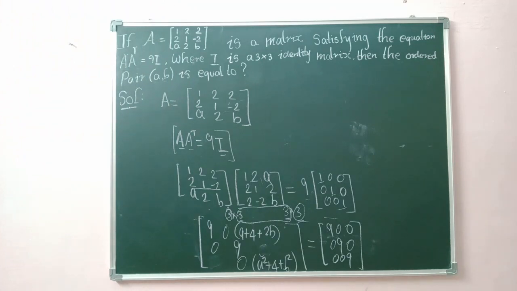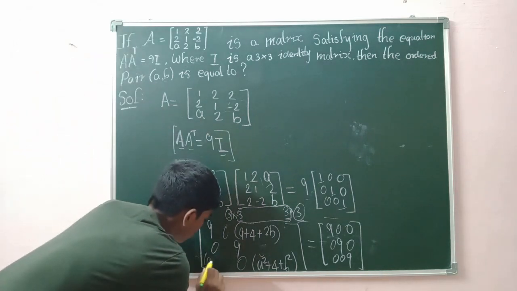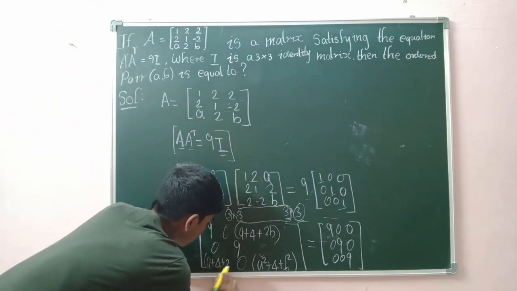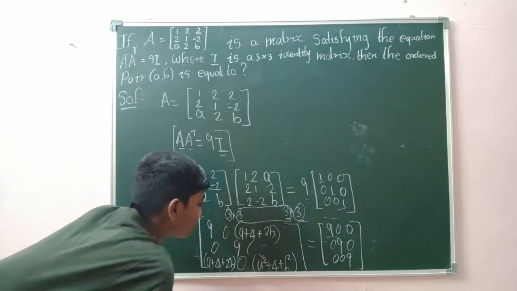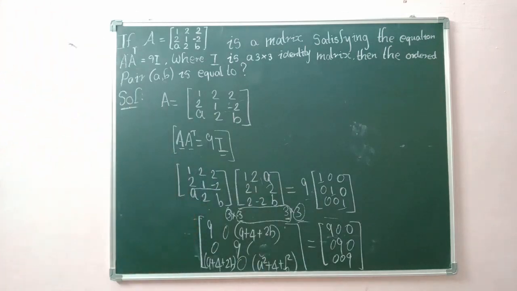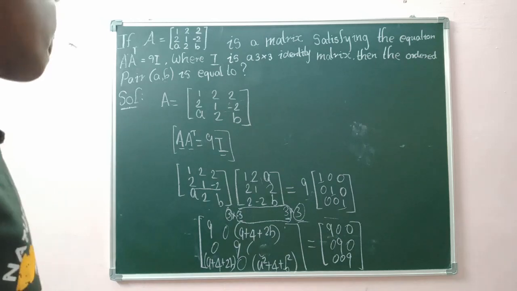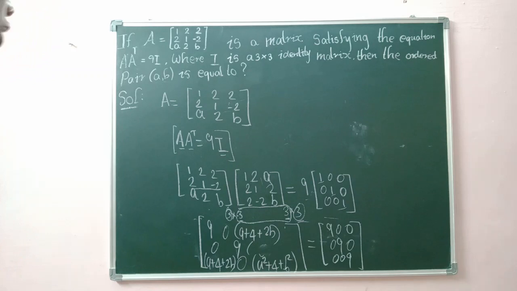So a plus 4 plus 2b, and here it will be third row, second row into third column. So 2a minus 4 plus b square. 2a minus 4 plus b square. b into b, b square, yes.